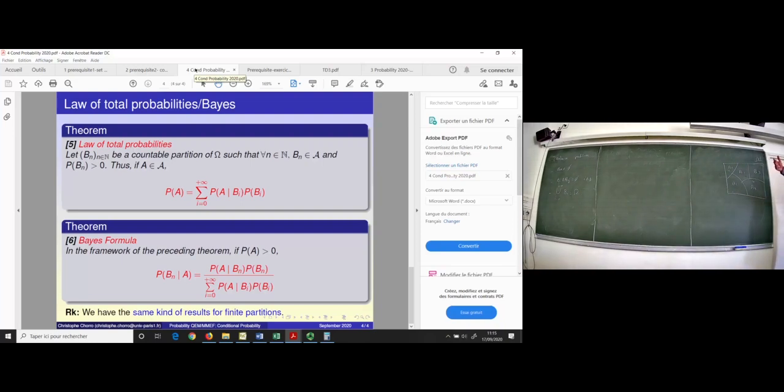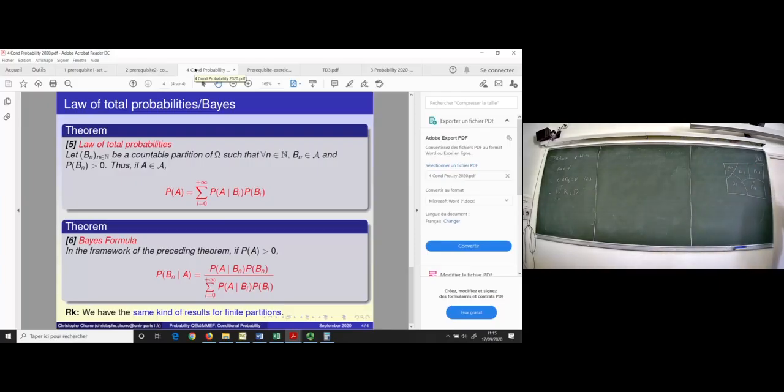Here I write what is a countable partition when I have a sequence of sets. Here, it's a picture concerning a partition with a finite number of elements, but you can consider an infinity of them. It allows you to separate my big universe into smaller parts.